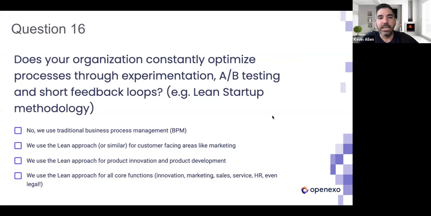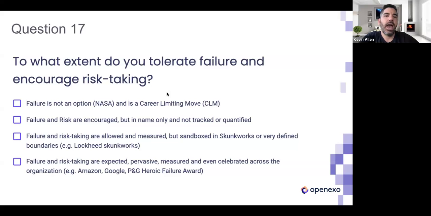On 16, we've got, does your organization constantly optimize processing through experimentation, A/B testing, short feedback loops? So yeah, this is an experimentation question. And so again, I think fairly self-explanatory question. Then to what extent do you tolerate failure and encourage risk-taking?